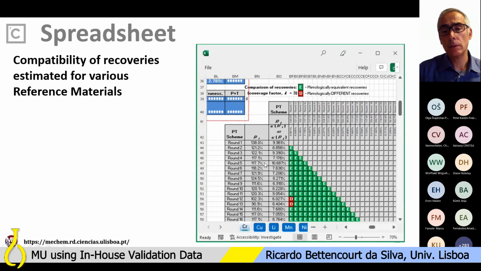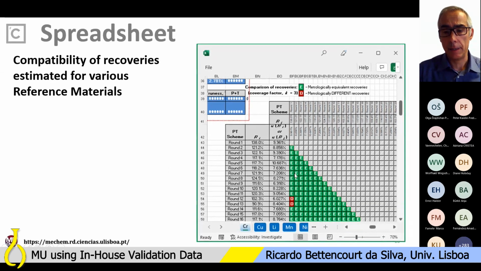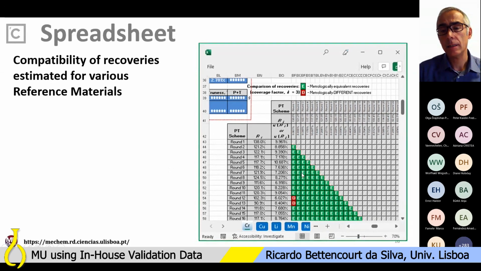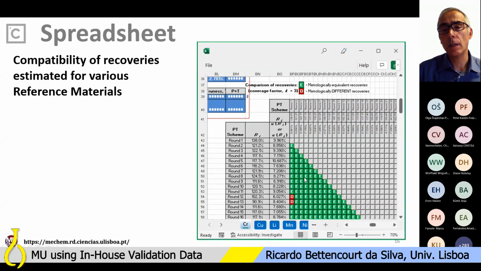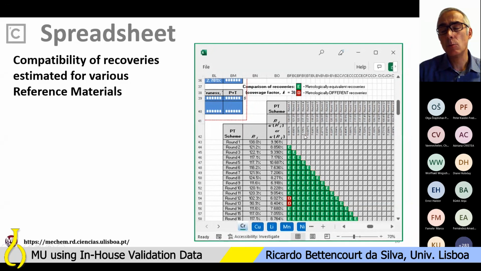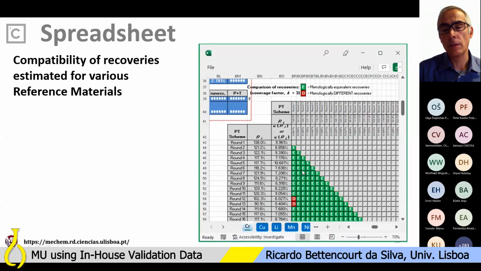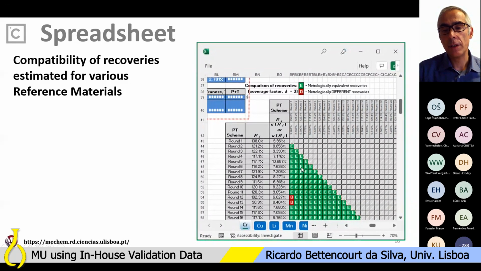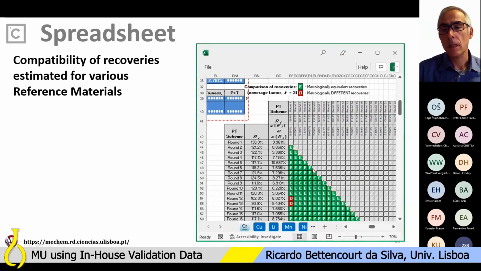If they are compatible, like I described in my second presentation, it means that there is no need to add additional uncertainty component for the variation of recovery with the sample matrix.